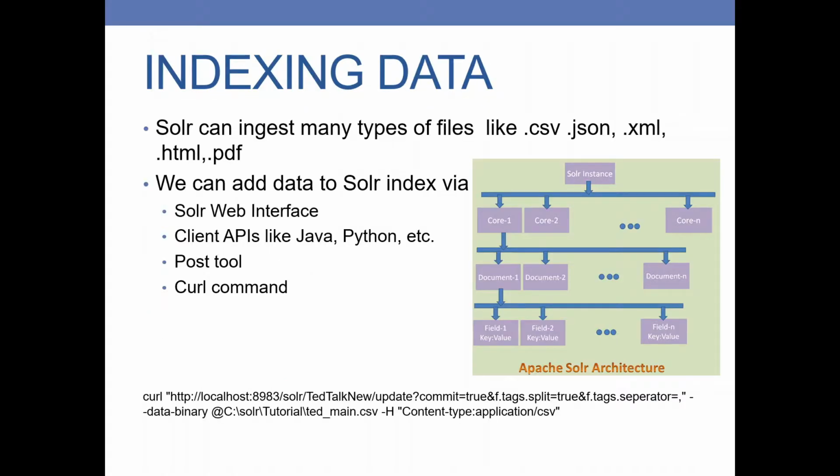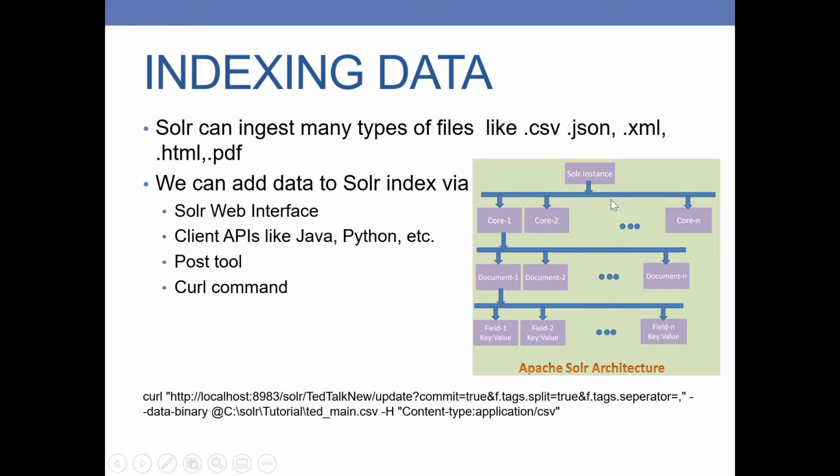Next step is indexing data. So SOLR can ingest any format of file like CSV, JSON, XML, HTML, PDF. So there are multiple ways to add or index data into SOLR. You can use the web interface or post tool or any client API like Java, Python, or curl command.